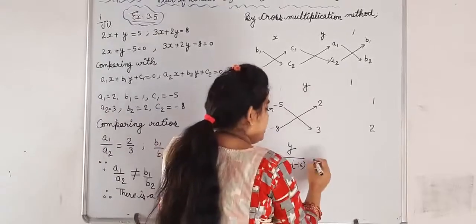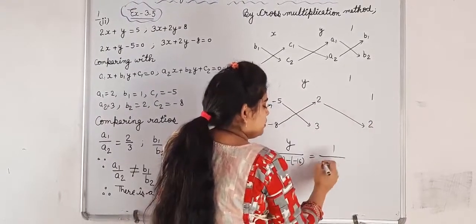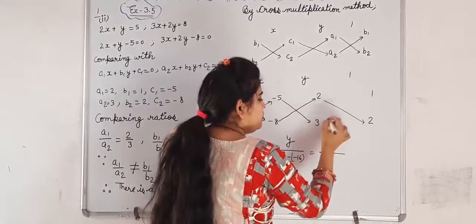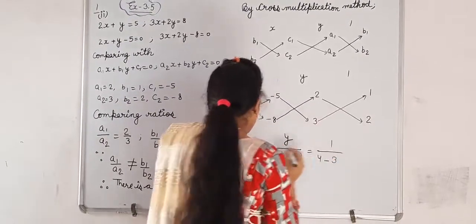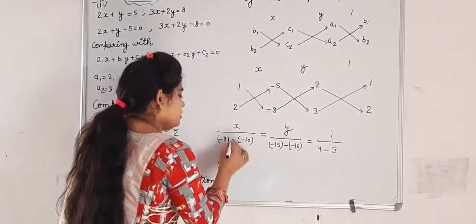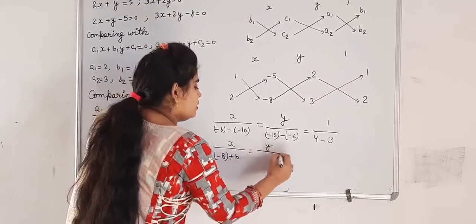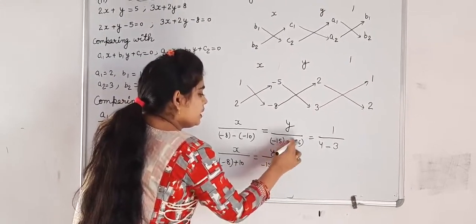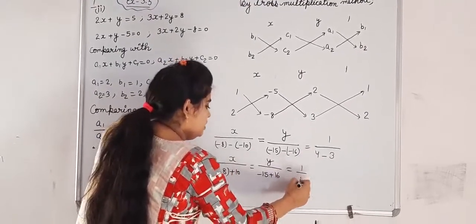After this 1, 2 2s are 4, 3 minus will come, 3 into 1, 3. Then x upon minus 8 plus 10 is equal to y upon minus 15 plus 16 is equal to 1 by 4 minus 3, 1.